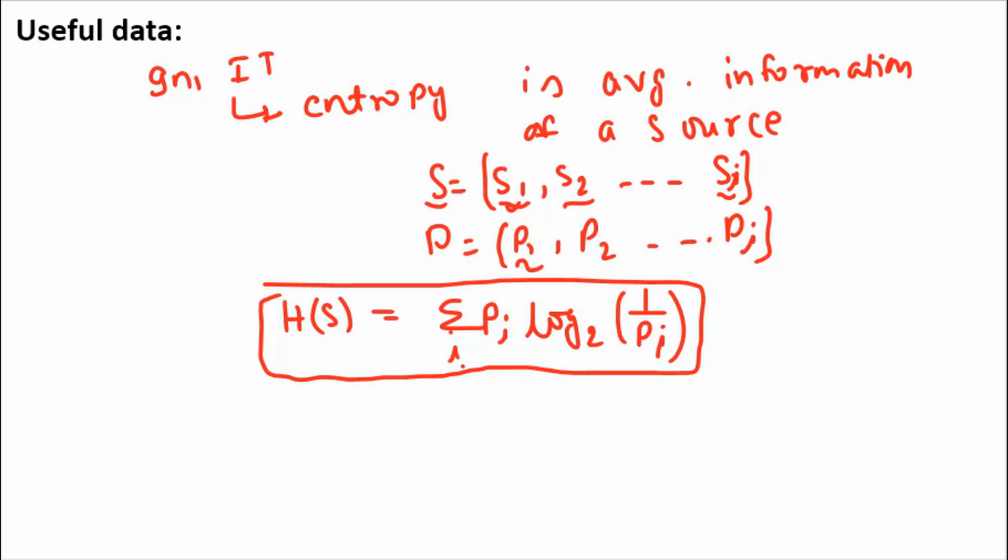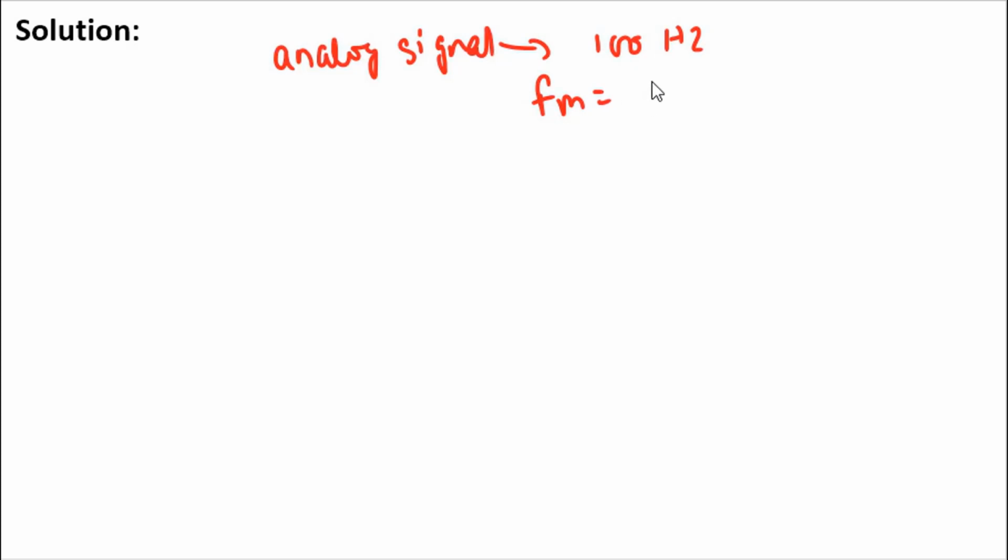Now, in this question, you are given that the analog signal is band limited to 100 Hz. That means that your maximum frequency is fm, which is given as 100 Hz.